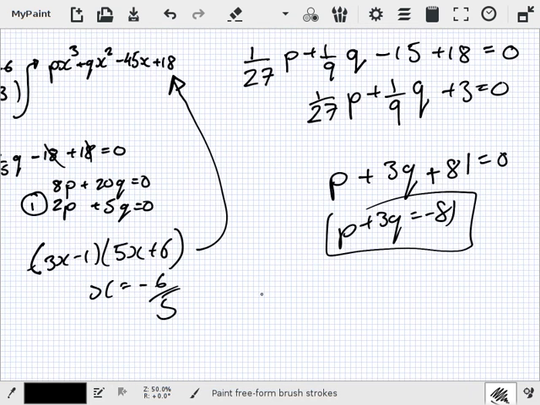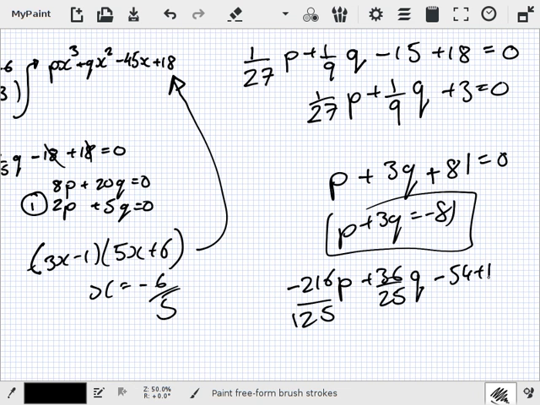Right, so that'll be minus 216p plus 36 over 25q, 216 over 125, minus 54 plus 18 equals 0.